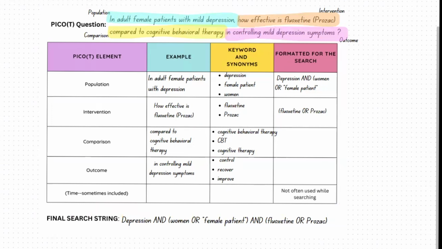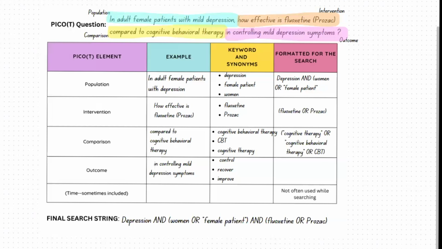With comparison, we have the same situation. We have a list of related terms we can join with or and place in parentheses. In this case, we have parentheses, cognitive therapy or cognitive behavioral therapy or CBT, in parentheses.